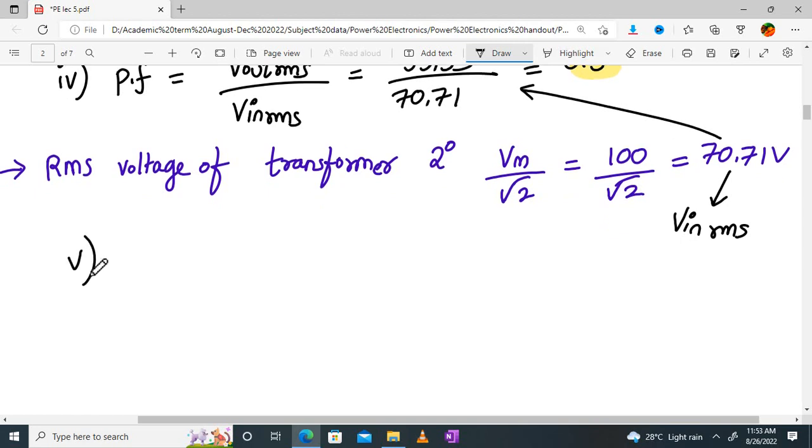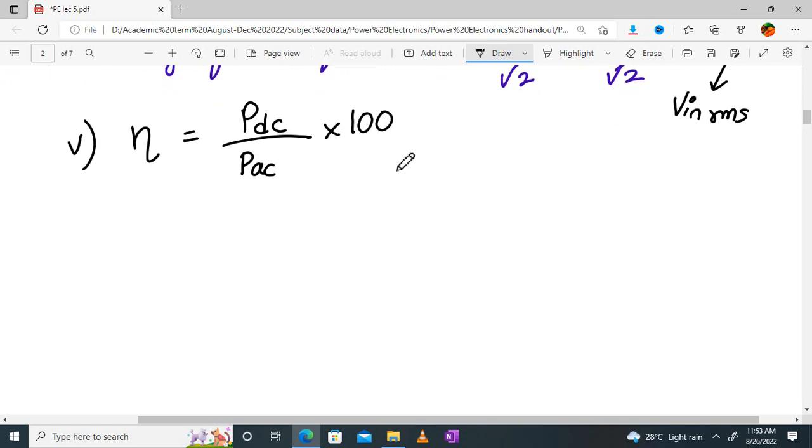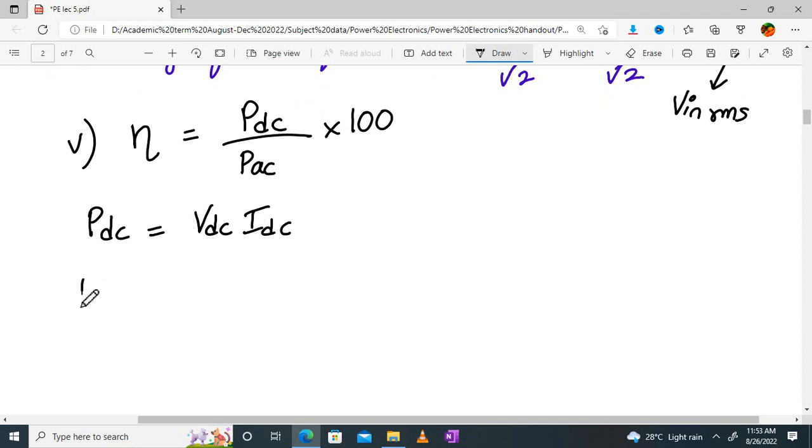Next, we will find rectification efficiency. This is denoted by this symbol. What is the formula? PDC upon PAC into 100. What is PDC? VDC into IDC. Both the values we have found out. Then what is PAC? V out RMS into I out RMS. Correct? So let's find this out.